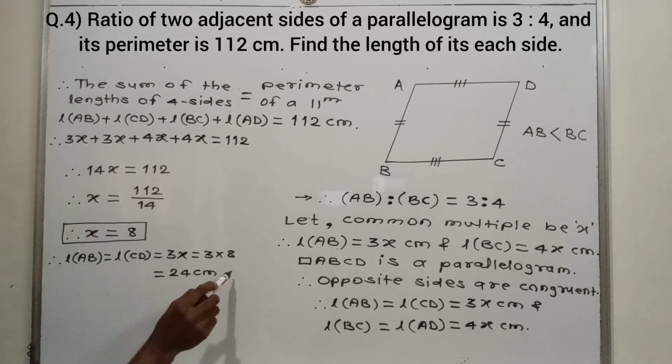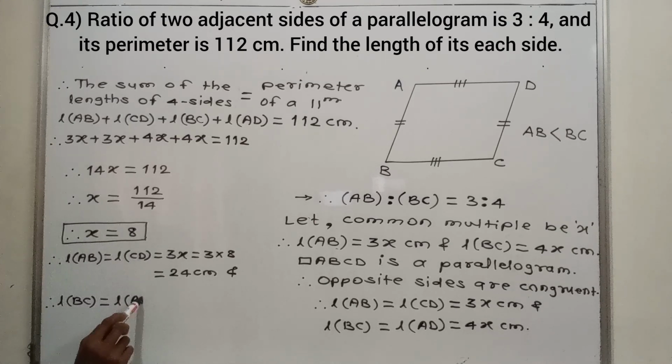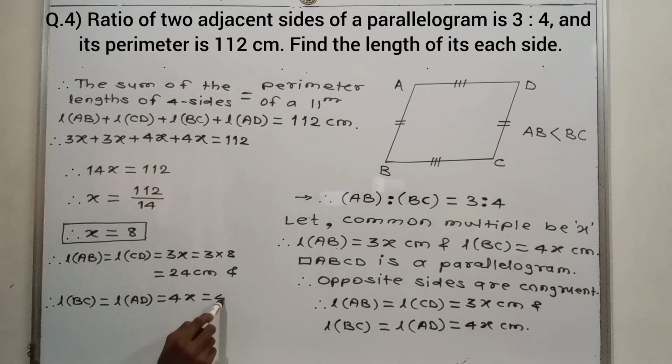Did you get it? And length of BC is equal to length of AD is equal to 4x centimeter is equal to 4 into 8 is equal to 32 centimeter.